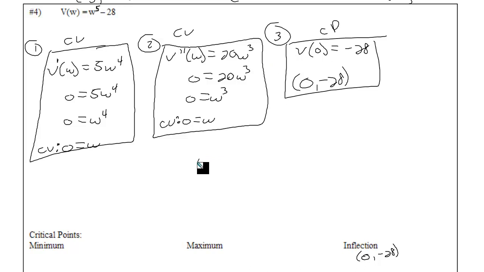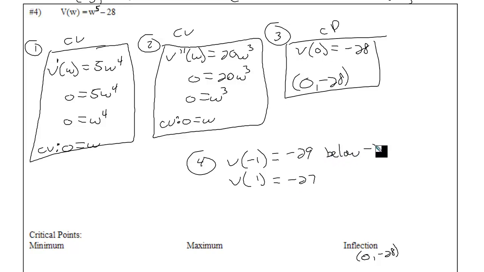If you pick test points to the left and to the right of 0, you get negative 29 and negative 27. This is below. This is above. You get some above and some below. It's an inflection point.